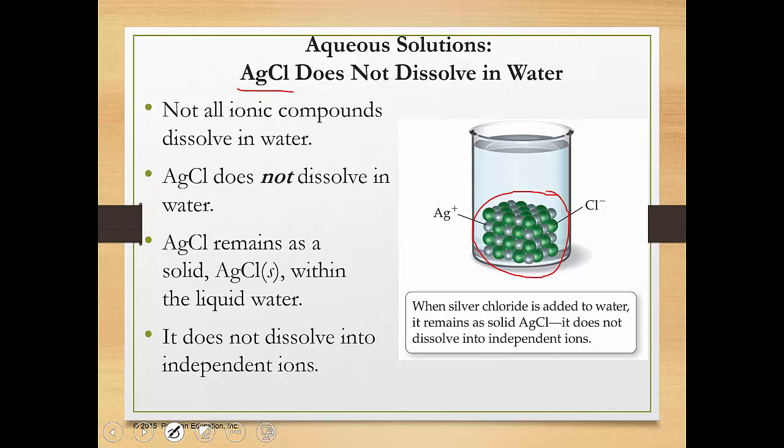It's not going to break apart into independent ions. The silver and chloride ions remain bound to one another within this system, and so there's nothing to carry a charge here. So nothing but solid and water. I could easily pour the water off, dry the silver chloride, and I've recovered the original material.